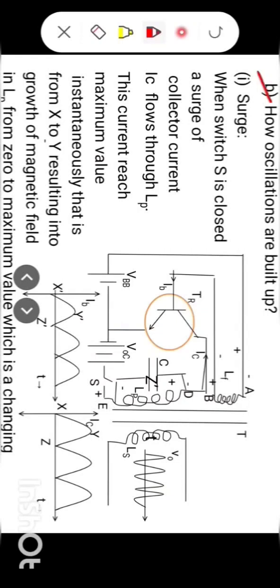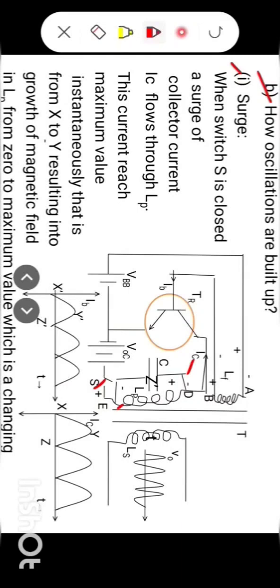Now B, how oscillations are built up. First point, surge. When switch S is closed, a surge of collector current IC flows through LP.